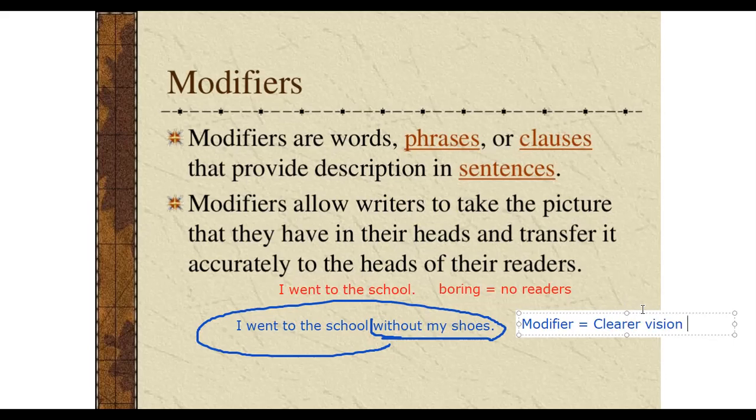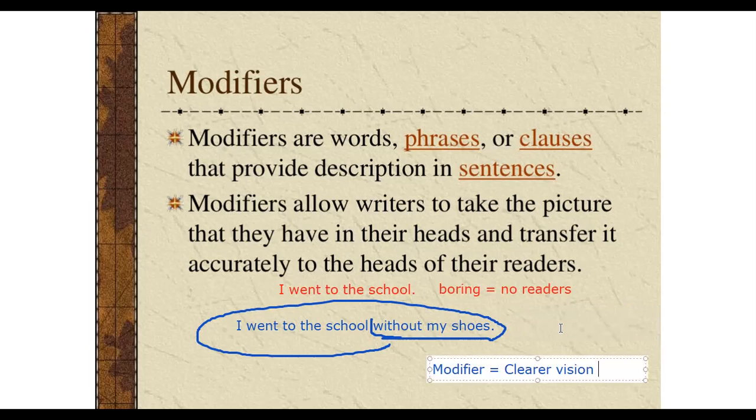So the modifier gives you a description that gives you a vision in your head and makes things clear in your mind. Then you feel you have a picture in your mind with only a few words. This is why we call it a modifier. Modifier means clearer. The things are clearer.